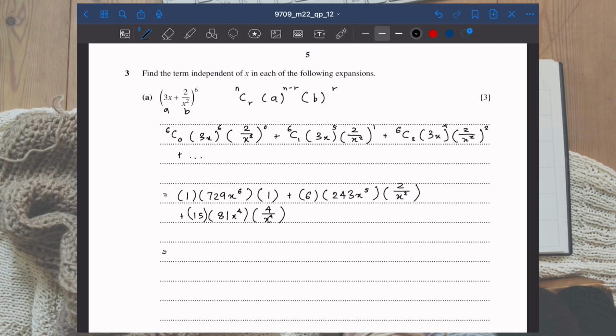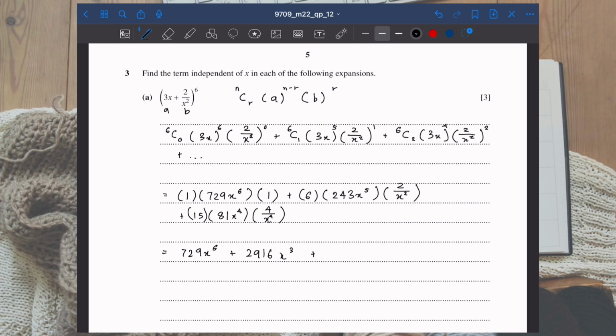So the first term will be just 729x^6. Our second term will be 6 times 243 times 2, 2916, and cancelling out the x's, this will be x^3, since x^5 divided by x^2 is x^3.